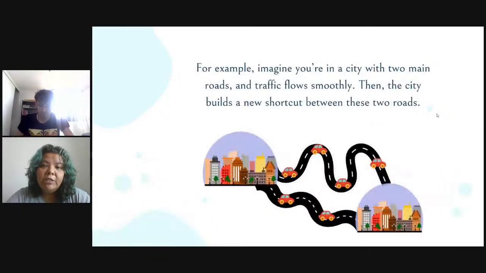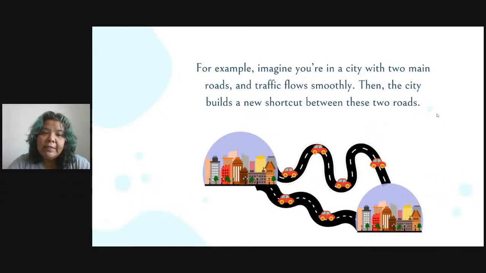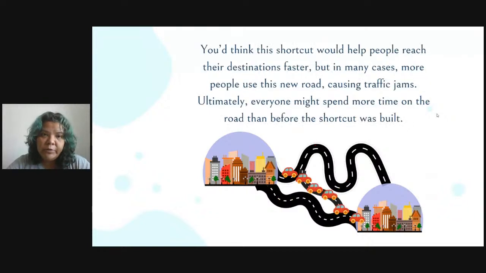For example, imagine you're in a city with two main roads and traffic flows smoothly. Then the city builds a new shortcut between these two roads. You'd think this shortcut would help people reach their destinations faster, but in many cases, more people use this new road, causing traffic jams. Ultimately, everyone might spend more time on the road than before the shortcut was built.